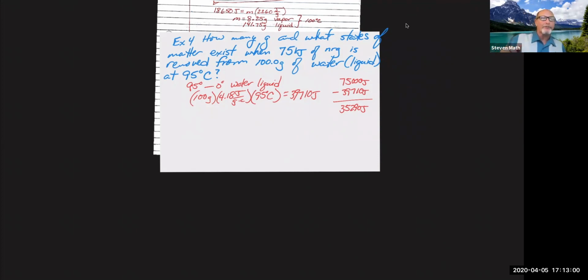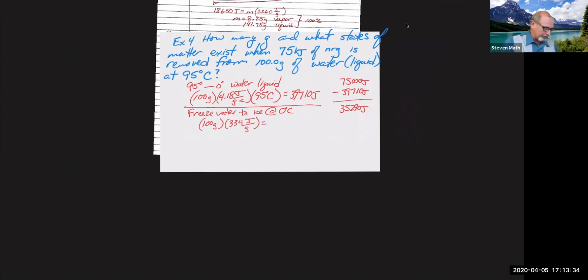Okay, so right now we have liquid water at 0 degrees Celsius, and we are still removing energy from it. We're taking energy out. So what's going to happen when we take that next energy out? Now we're going to freeze the water to ice at 0 degrees Celsius. Now this is the heat of fusion it's going to cost us. So we have 100 grams, and that's going to cost us 334 joules per gram.